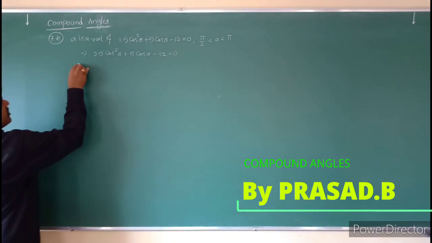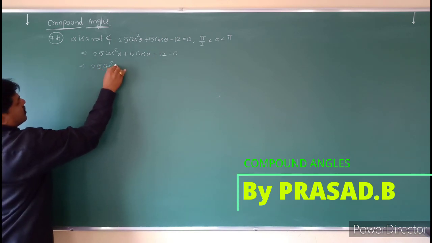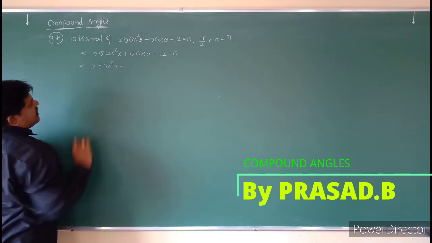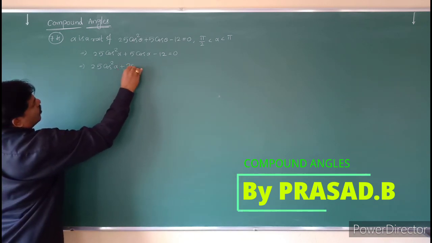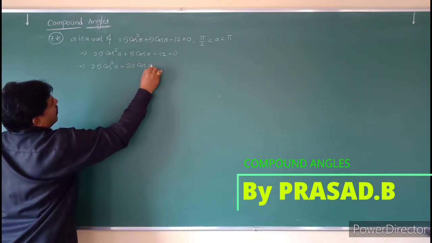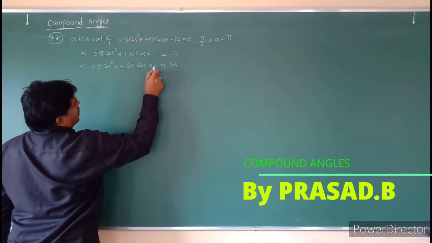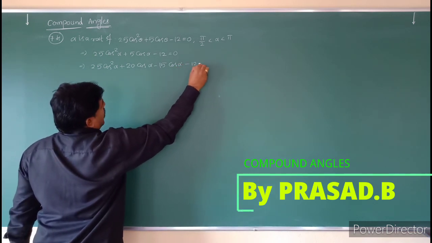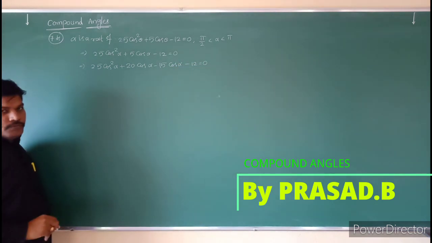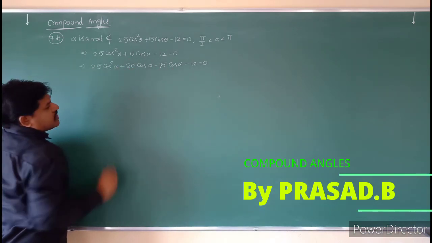So take the factorization here. The 25 cos square alpha plus 5 cos alpha can be written as 25 cos square alpha plus 20 cos alpha minus 15 cos alpha minus 12 is equal to 0. I am taking the factorization here, 20 cos alpha minus 15 cos alpha.